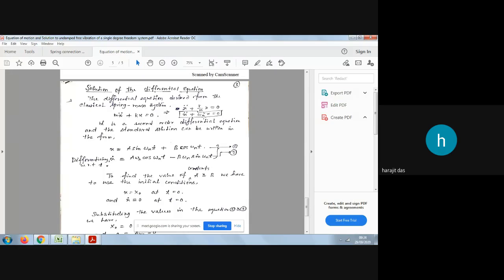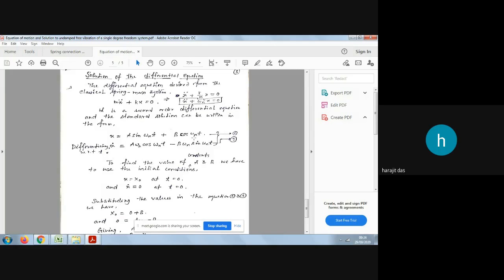where omega n is the natural frequency of the system. Okay, so this equation is a second order differential equation, and if you remember in mathematics, the standard solution of this type of differential equation is a combination of sine and cosine functions, where there are two constants a and b.